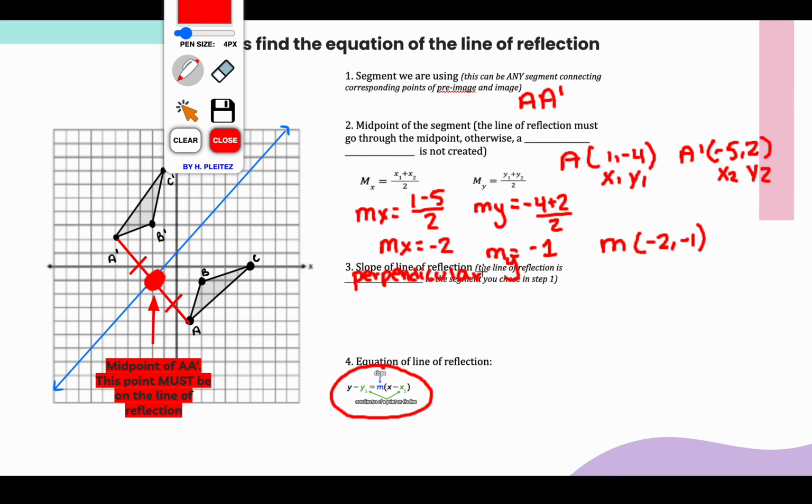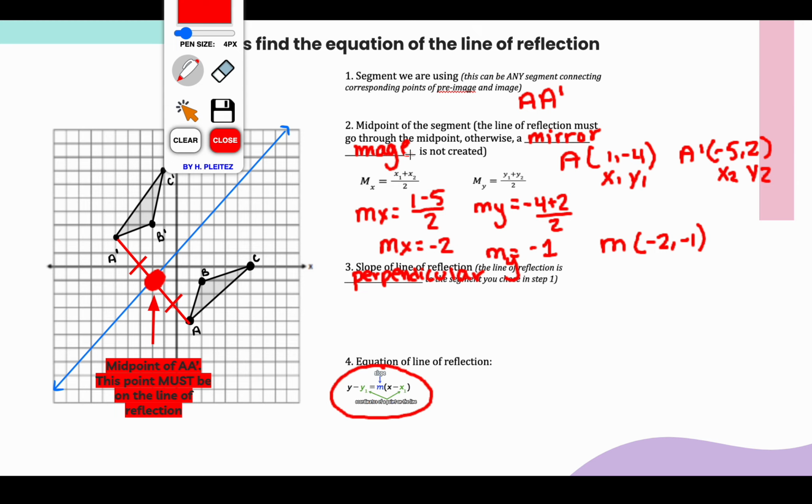Also, going back to the midpoint, the line of reflection must go through the midpoint of the segment, otherwise a mirror image is not created, okay?